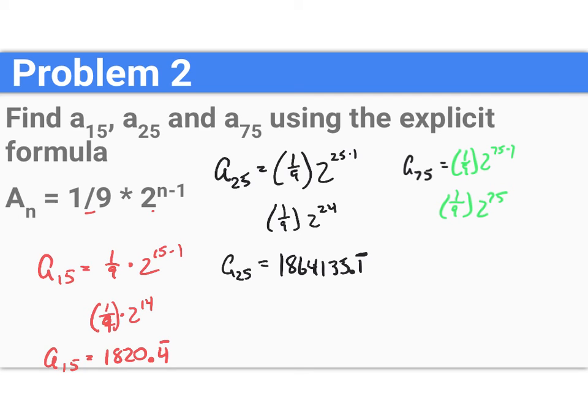And 1/9, 2 caret 74 equals 2.098, which rounds up to 2.1. E means times 10 to the 21st power. So when you get a number that says E21, that means times 10, and the number behind the E is your exponent. So that's a very big number.